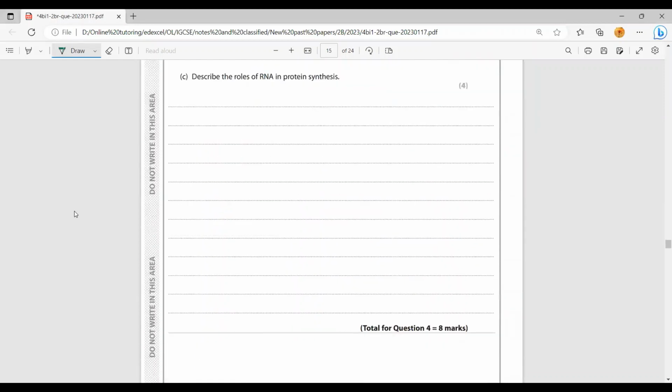Describe the roles of RNA in protein synthesis, Julia. Roles of RNA, meaning tell me about all the RNAs we know. Julia? Yes, miss. Oh, okay.